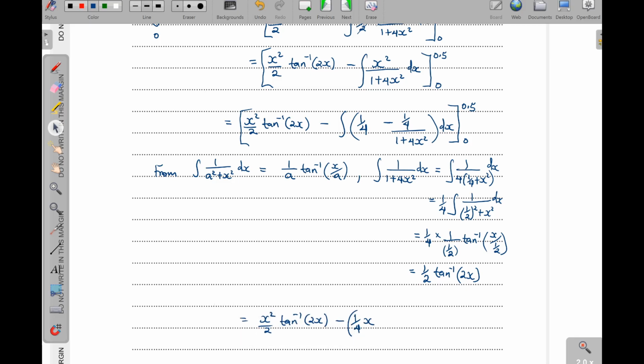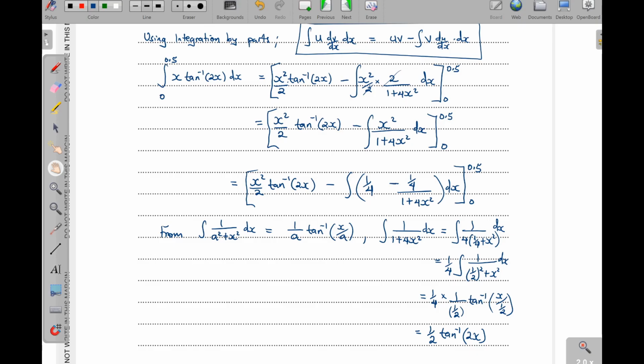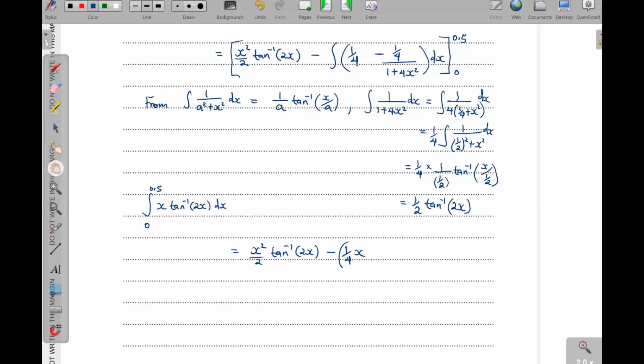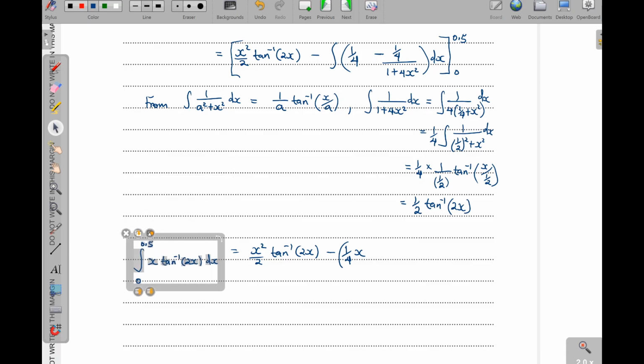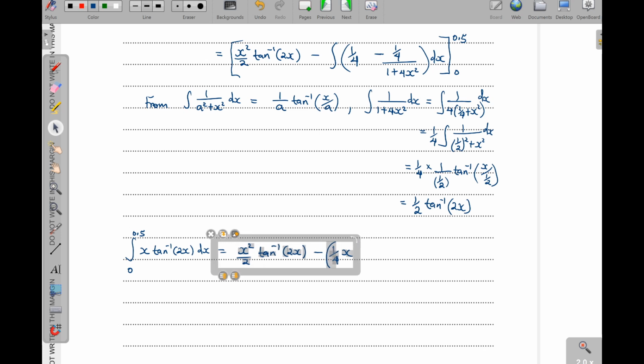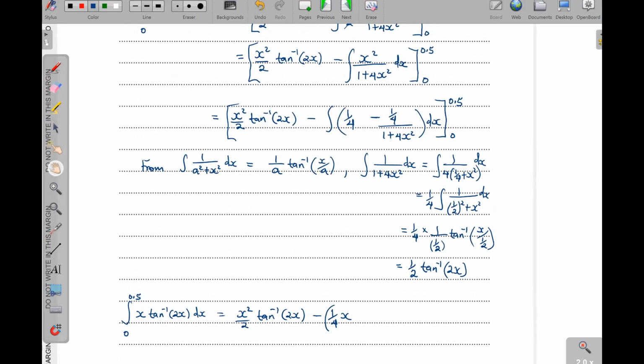Now, from here, I can take this one down and say, therefore, the integral of this one here shall be this one here. Now, we said minus, there is this a quarter here.